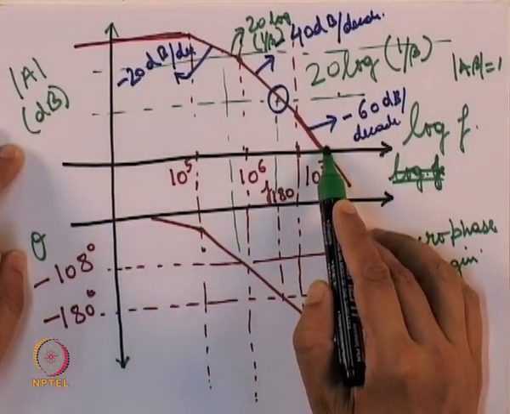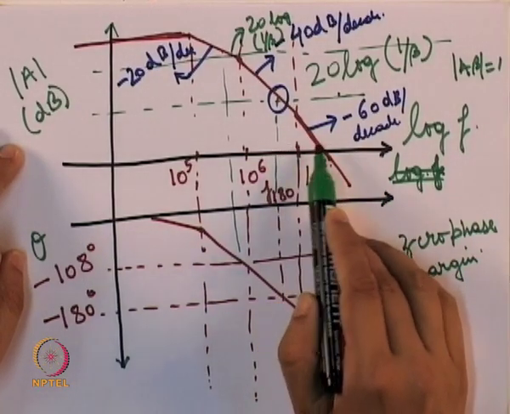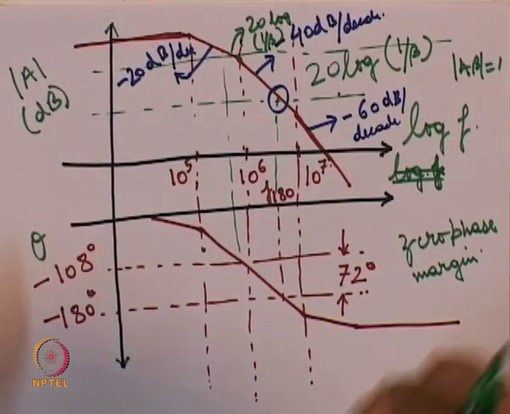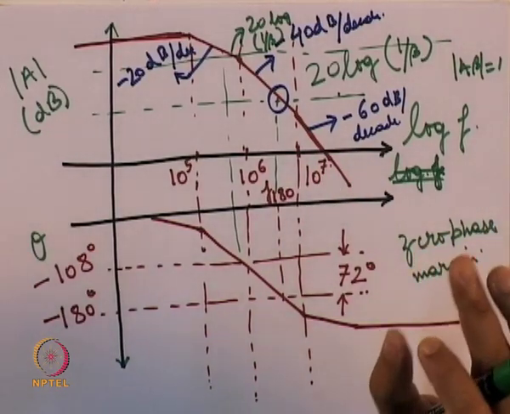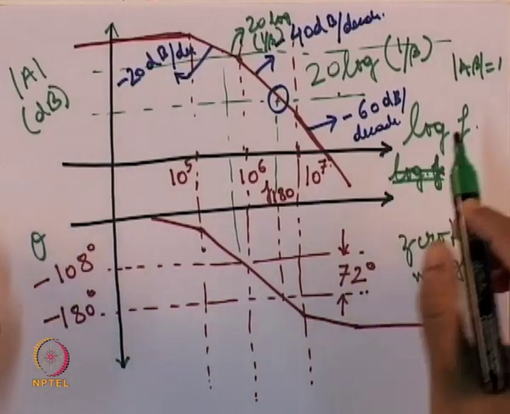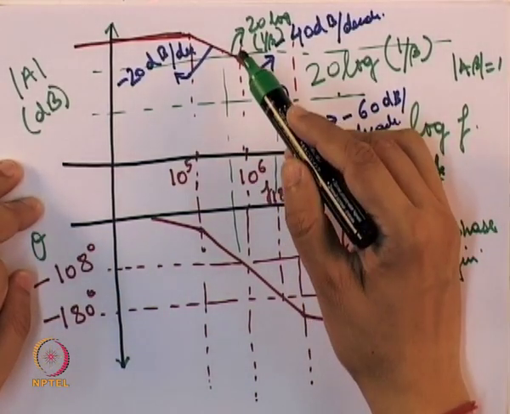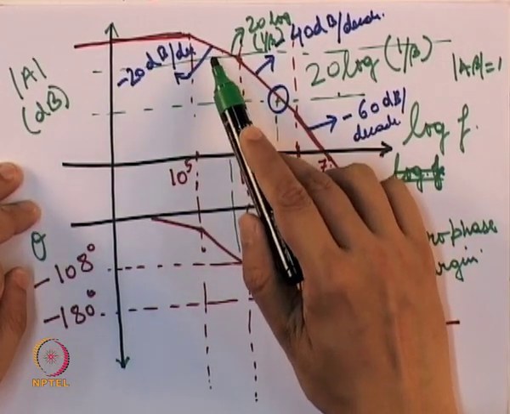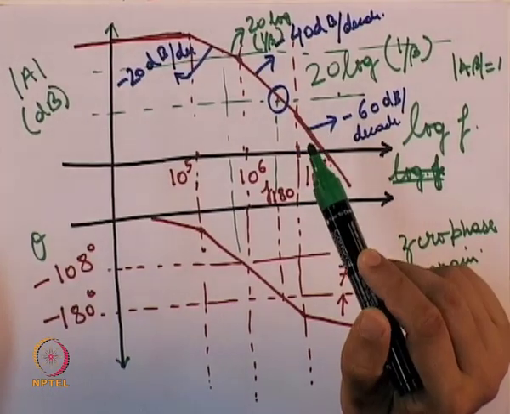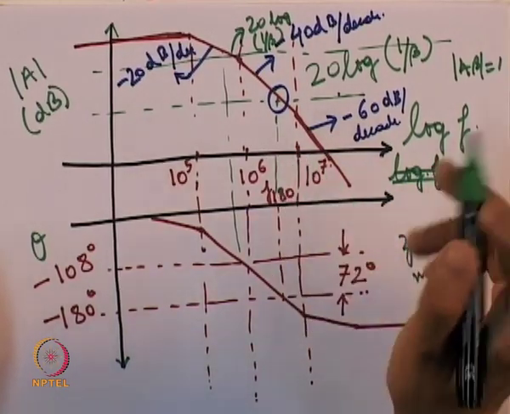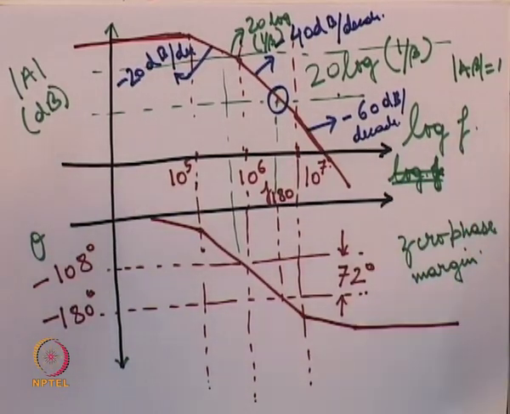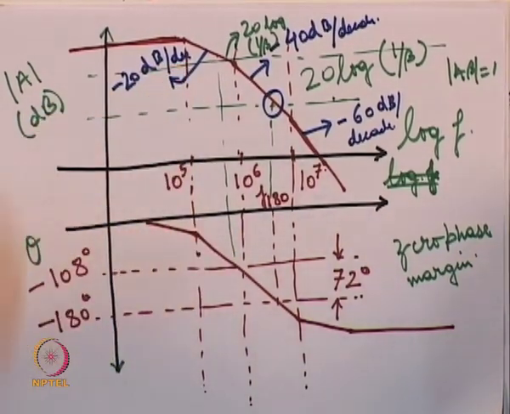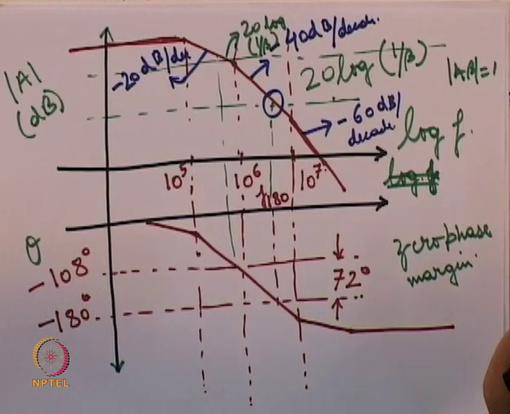Similarly is the case if the feedback network line runs through the minus 60 dB per decade region. So, our goal of any feedback circuit design should be that this feedback network should pass preferably through the minus 20 dB per decade region. If we want our closed loop system to be unconditionally stable, then it should pass through the minus 20 dB per decade region. Fine.